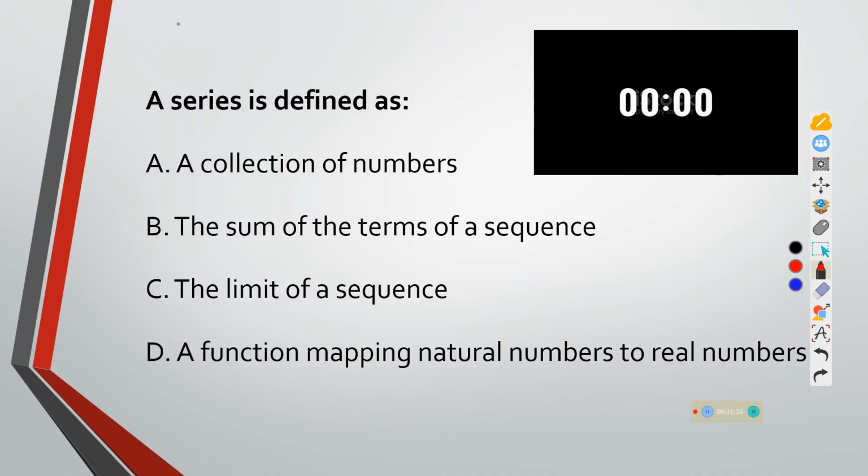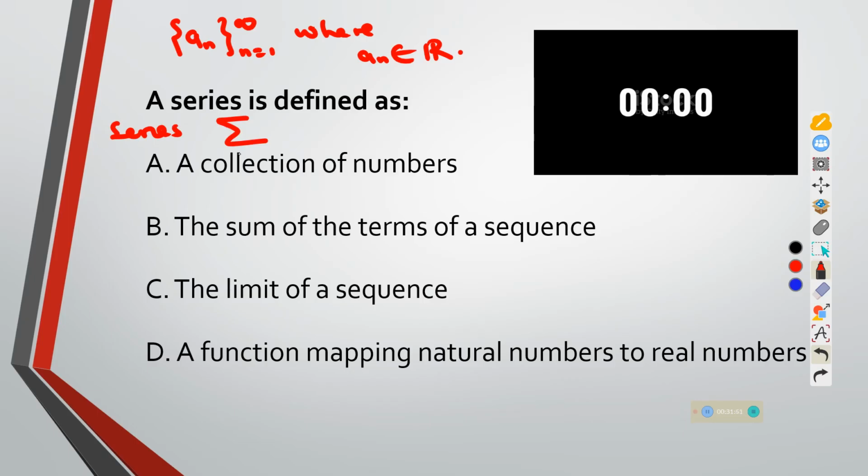If you have a sequence a_n, from n equals 1 to infinity, where a_n is from the set of real numbers, then the series will be the summation of the terms of this sequence: the sum from n equals 1 to infinity of a_n, equaling a1 plus a2 plus a3 plus so on. This is what we call a series.